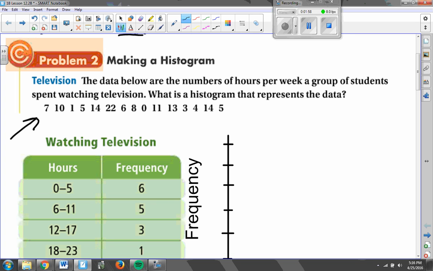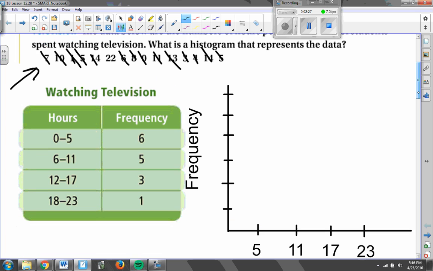And we just went through and found all of the data points that were in the first interval, 1, 2, 3, 4, 5, 6 of them. And then the second interval, 1, 2, 3, 4, 5 of those. Then the third interval, 1, 2, 3 of those, and 1 in the last interval. So now we take that information from the frequency table and we translate it to a graph.